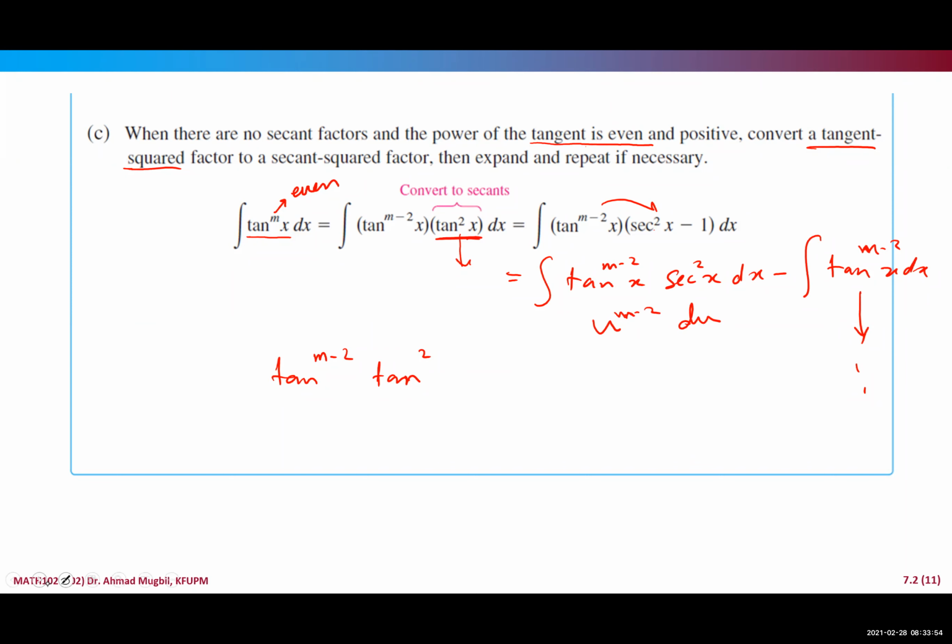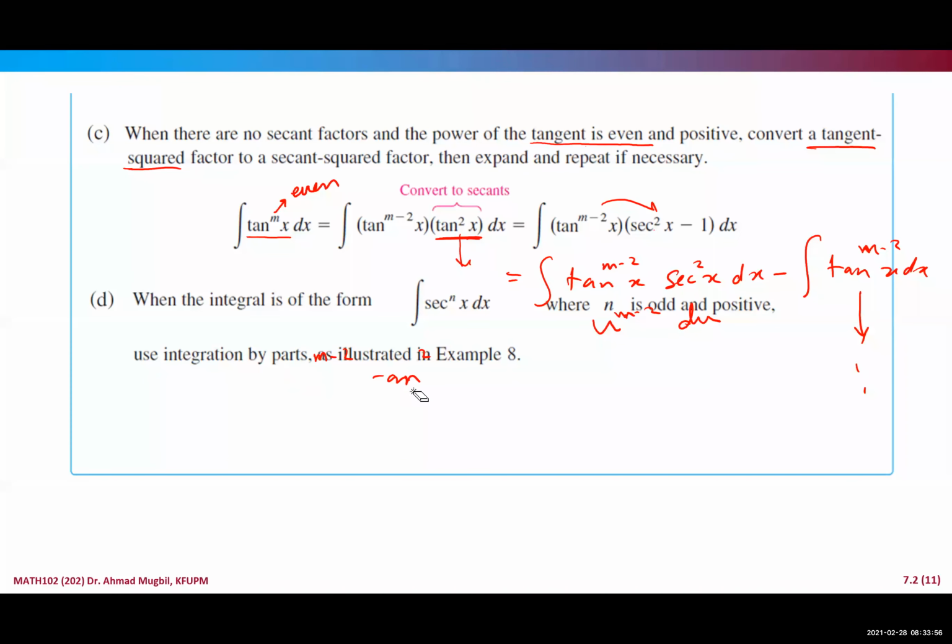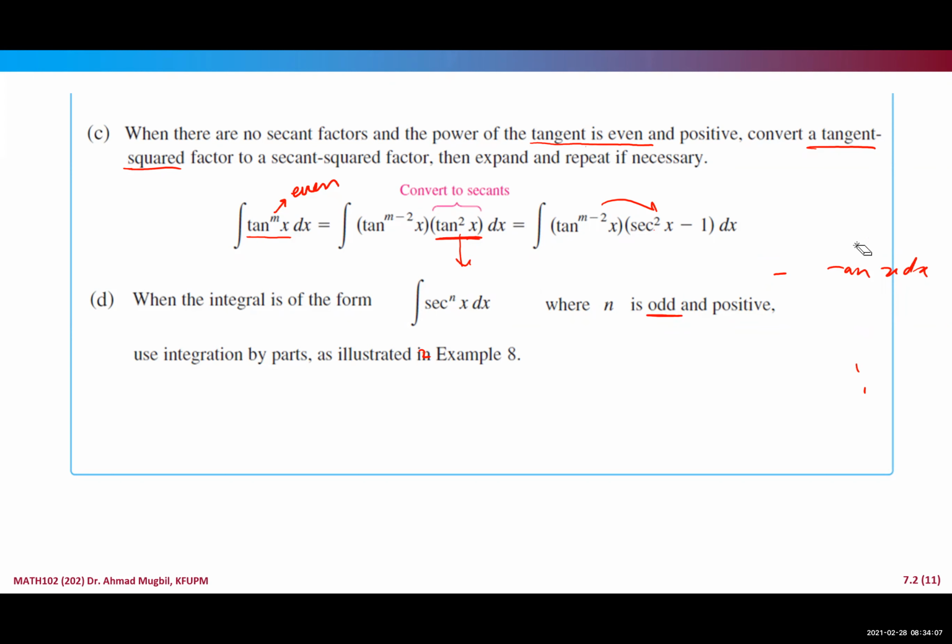And the last case I think that we should have is when we have only secant. So when the power of tan is 0 and the power of secant is odd. In the case of even, we have mentioned it before, in part A. If we have secant to the power n and n is odd and positive, of course here we need to use integration by parts.